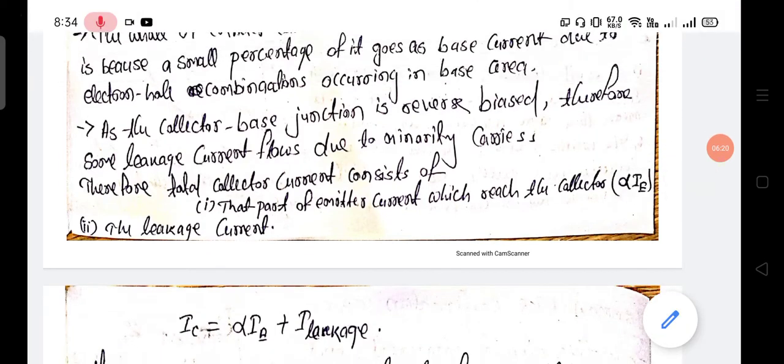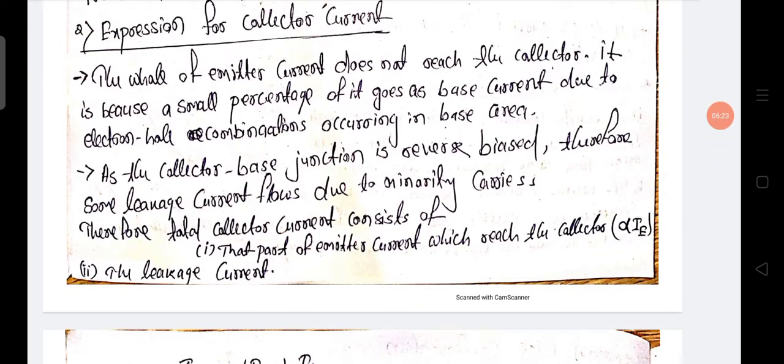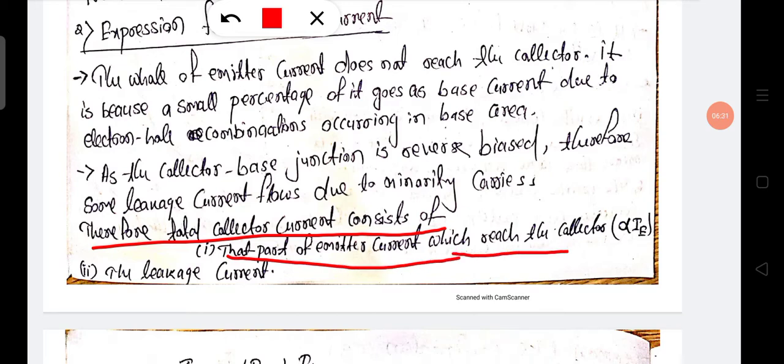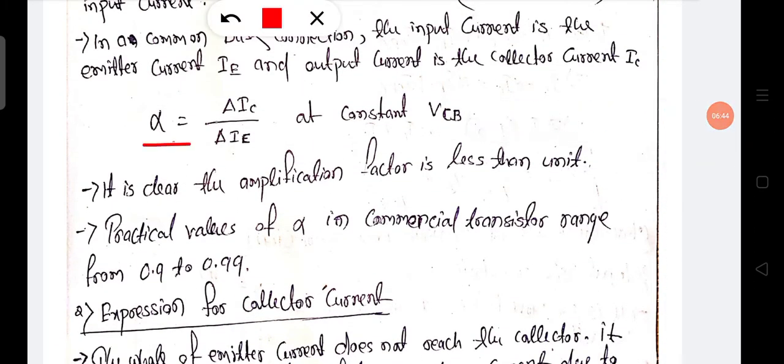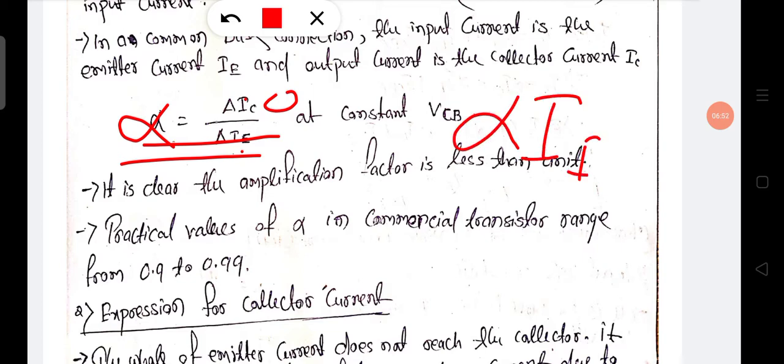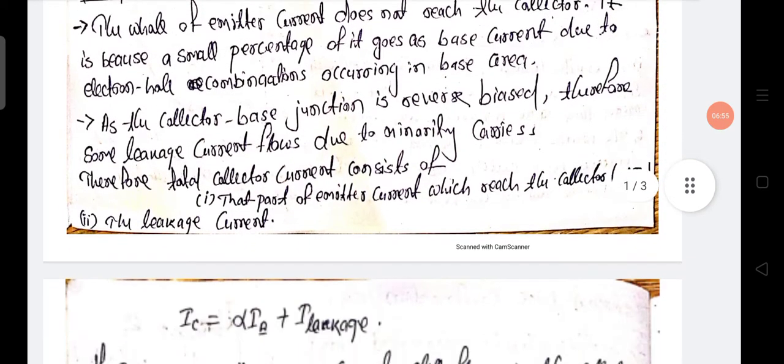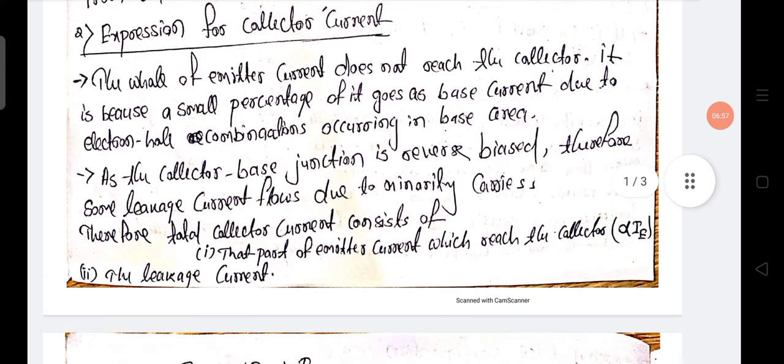Therefore, total collector current consists of the part of emitter current which reaches the collector, which is alpha IE, because alpha is IC by IE, so IC equals alpha into IE.